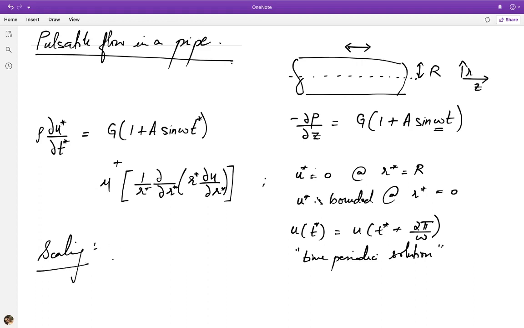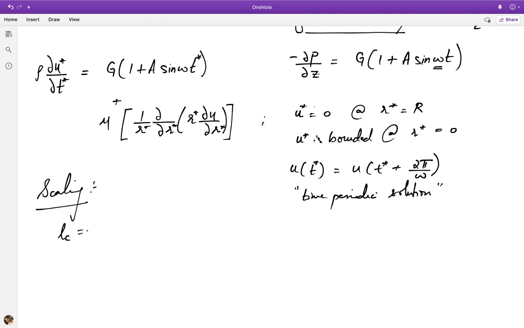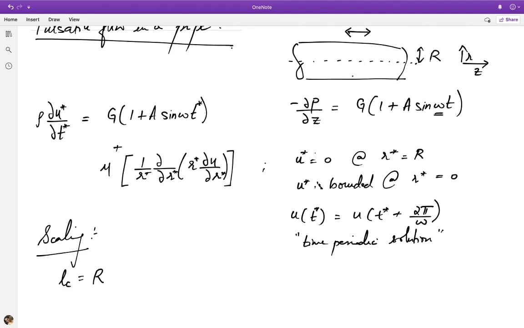Now again, we have done several scaling exercises on similar problems, so I won't spend too much time here, but just take you through the scaling and then proceed with the more interesting parts of this example. Okay, so a natural scale for the length in the r direction is going to be the radius of the pipe, which we can start off with, assuming that we're interested in variations of the velocity field across the entire pipe width.